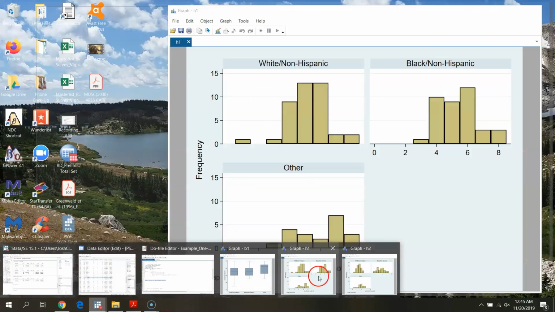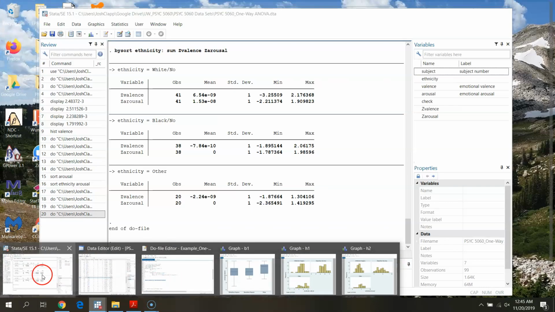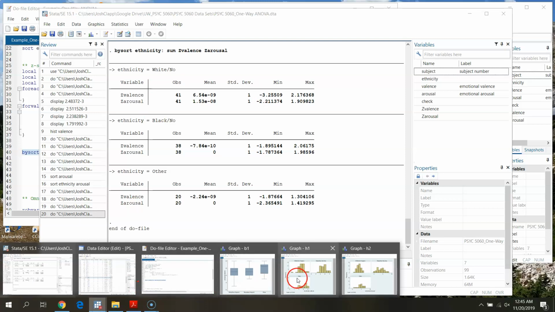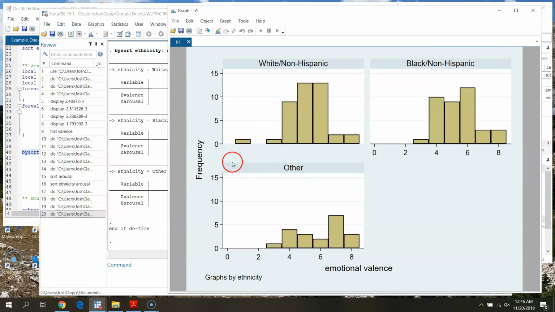So this is our z-score for emotional valence for our white non-Hispanic group. If we go back through and take a look, that's this joker right here.